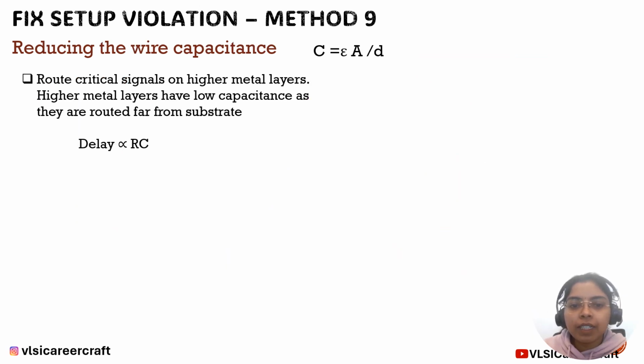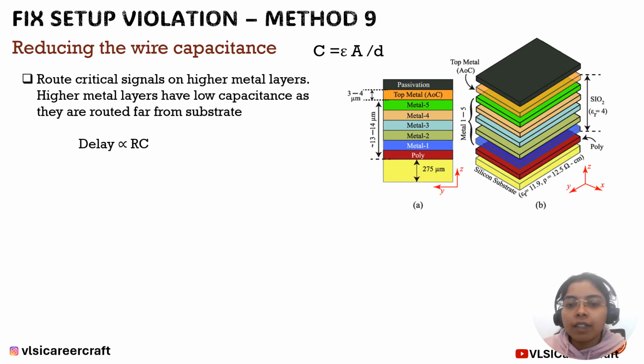Now, in the previous case, we have seen reducing the wire length to reduce the overall delay. As the delay depends on both resistance and capacitance, we can also reduce the capacitance of the wire to reduce the overall delay. How do we reduce it? If I have critical signals which are offering higher delay and showing up setup violations, I route these critical signals with higher metal layers.